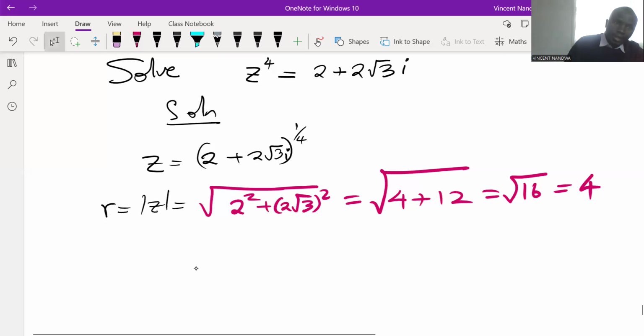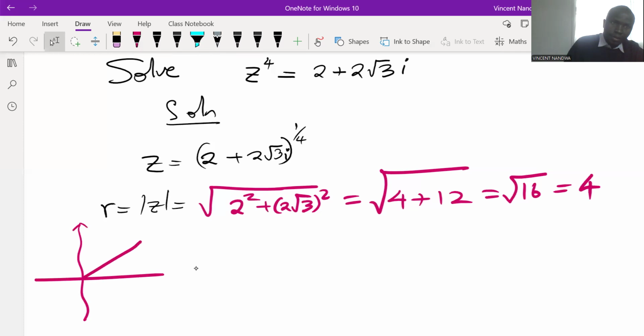Then to get the argument, we realize that this complex number is in the first quadrant, where this will be 2 root 3 units, and then this will be 2 units.